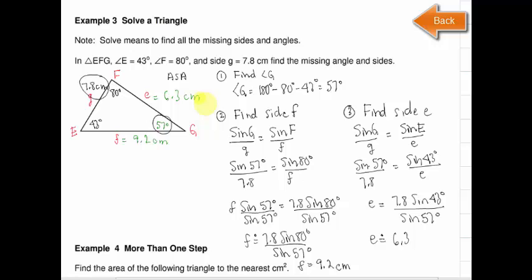Okay, so we have solved our answers, or our solution is that F is 9.2 centimeters, E is 6.3 centimeters, and angle G is 57 degrees. Okay, and that concludes example number 3.